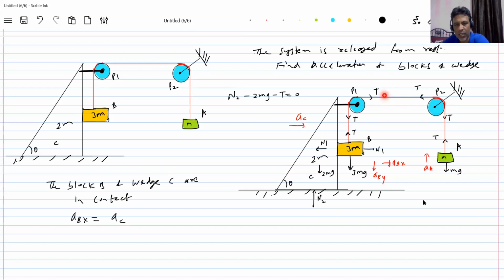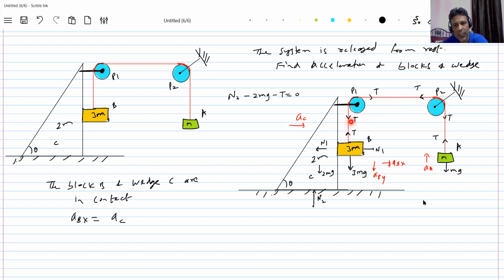The change in length of this part will be the change in length due to the wedge, sir. The change in length of this should be equal to displacement of the wedge, no? Yes, displacement of the wedge. Say if the wedge moves by 1 meter, the pulley P1 will move 1 meter. Then how much length here will decrease? 1 meter.